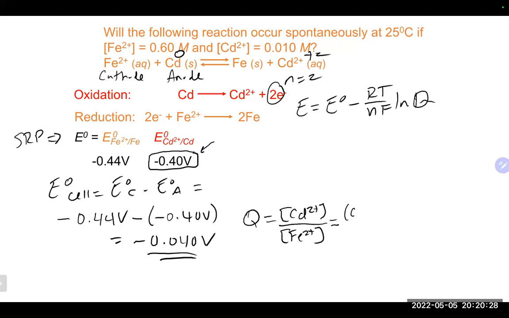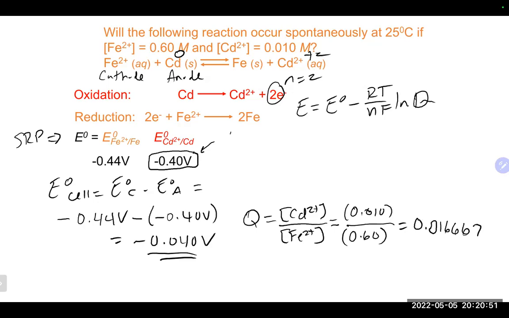That would be 0.01 divided by 0.6 in this case, which gets you 0.016667.